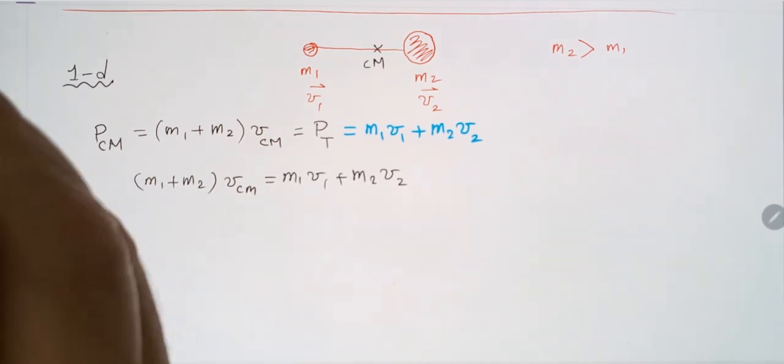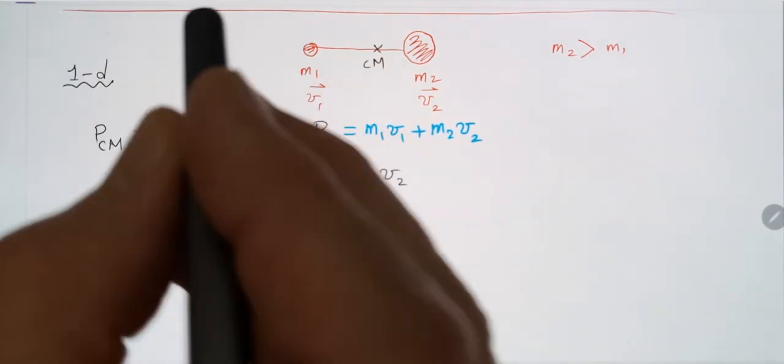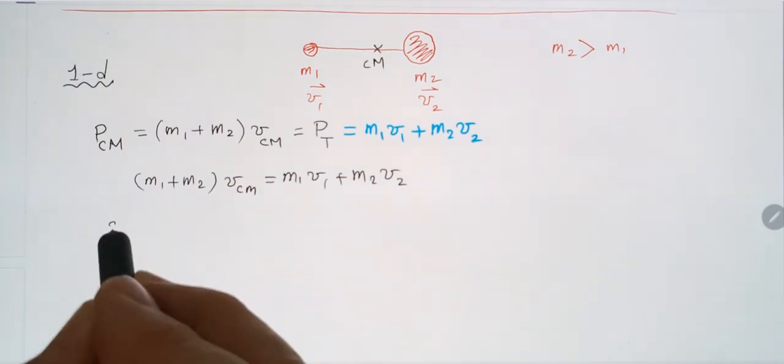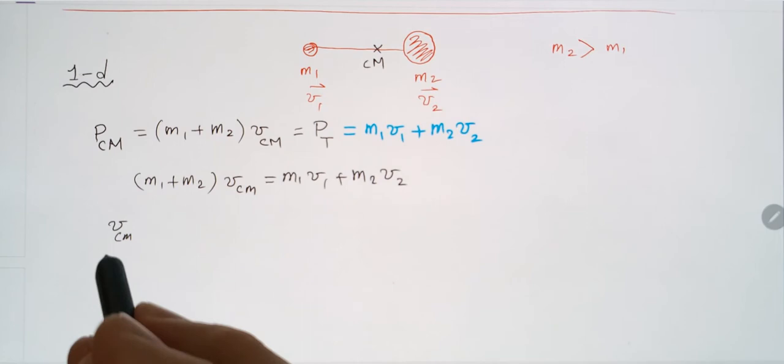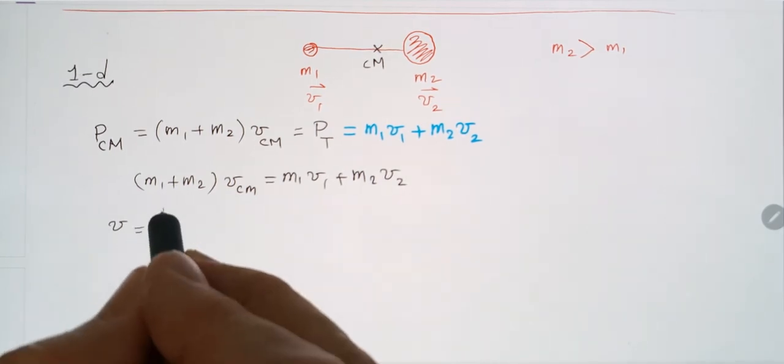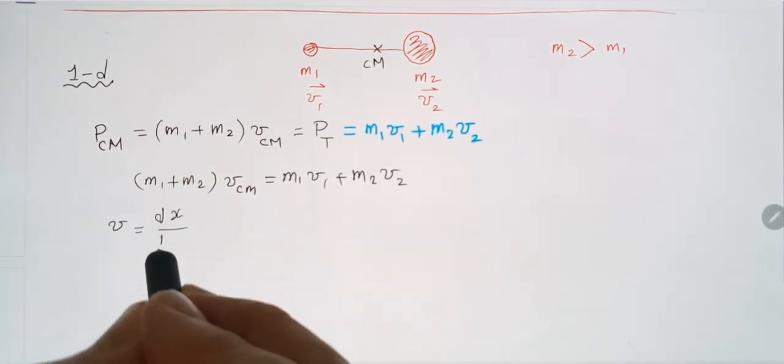Okay, let's look at this trick in mathematics. What is V center of mass? What is V in general? It's the derivative of x with respect to time.